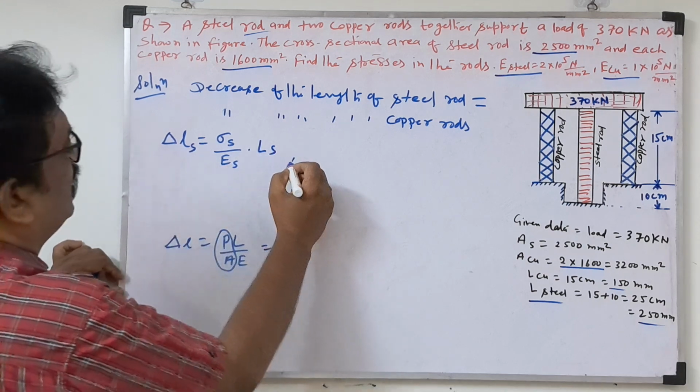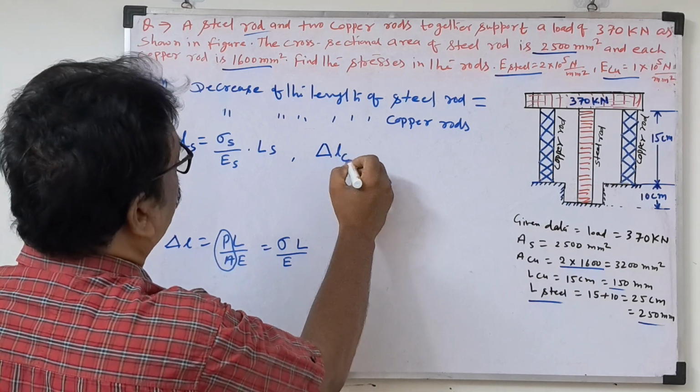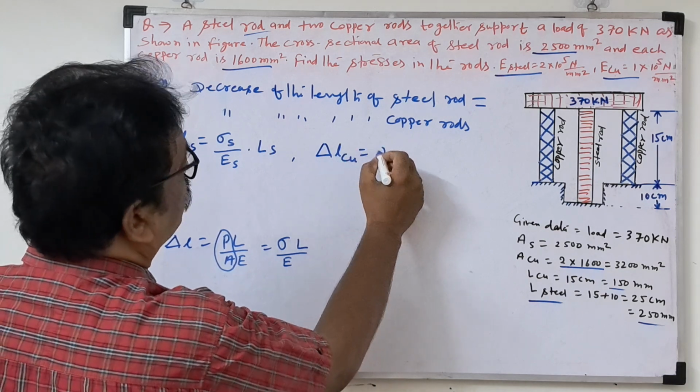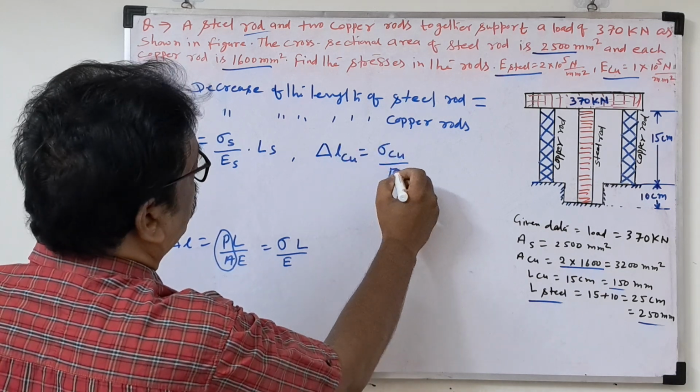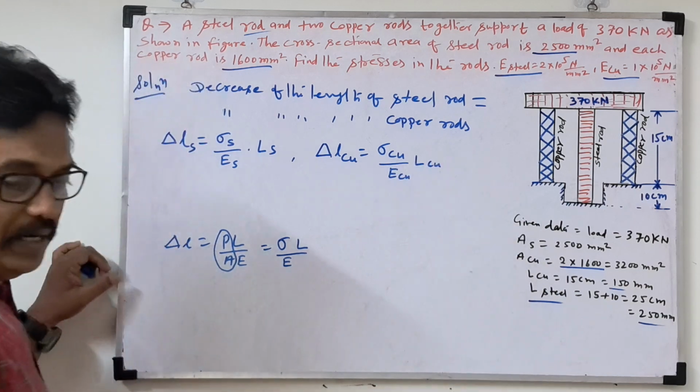The decrease in length of copper, with the symbol Cu, is sigma Cu by ECU into LCU. We can write this here.